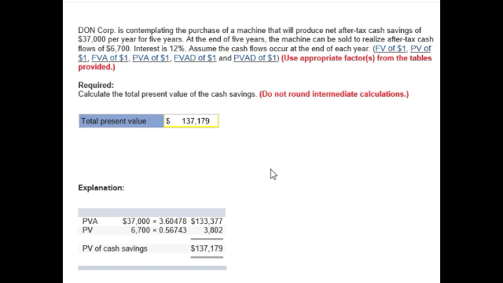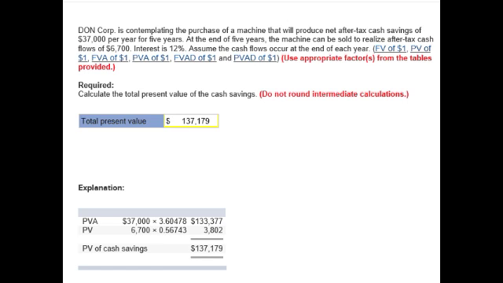So how do we use the table? We go to the table and find the interest rate under 12%, and the row will be number 5 because there are 5 years involved. You might have different percentages, so you're going to have to find that particular percentage.